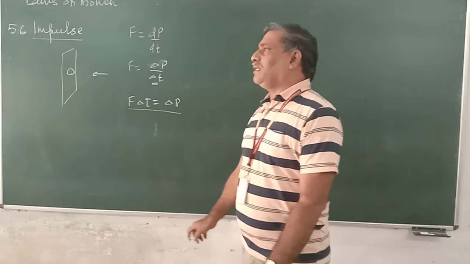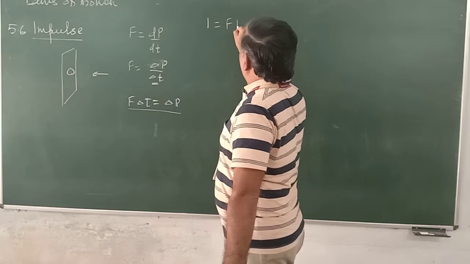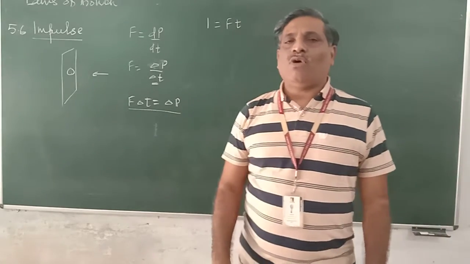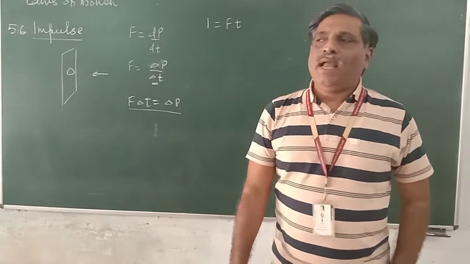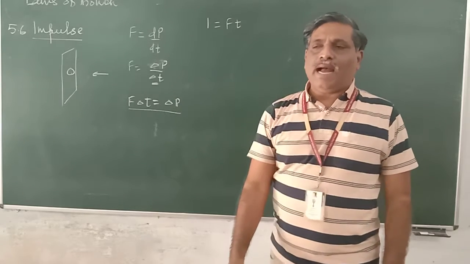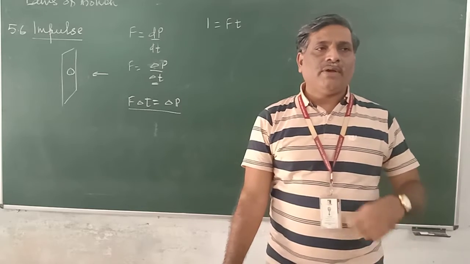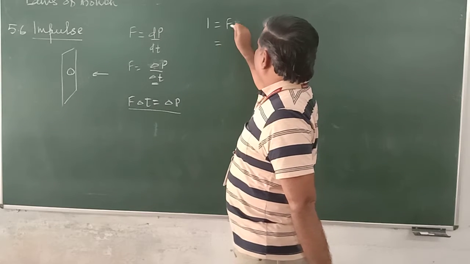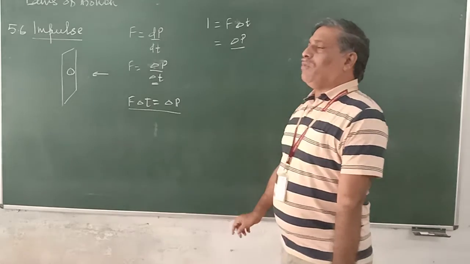In such a situation, we consider impulse, which is equal to the product of force and time of contact, the duration in which the change happens. Impulse is defined as the product of force and the time during which the change happened. This is also equal to the change in momentum of the body.